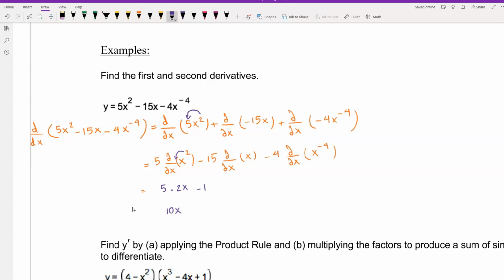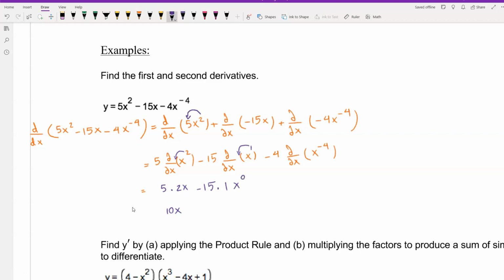Now here we have negative 15 times x, this one power is 1. So move that one here to use as a coefficient. So it's 1 times x, power is 0. So this is negative 15 times 1 times x, power here is 0.